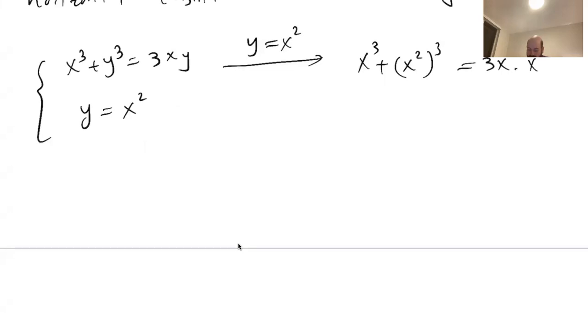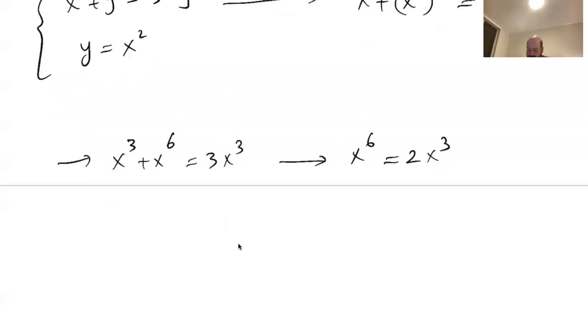And then this gives x to the power 3 plus x to the power 6 equals 3x cubed. And then this gives x to the power 6 equals 2x cubed. Now if I divide by x cubed, I'll get x cubed equals 2, which gives x equals cube root of 2.